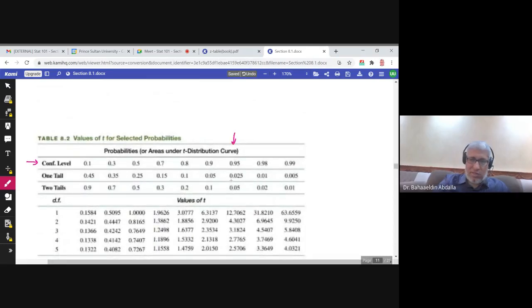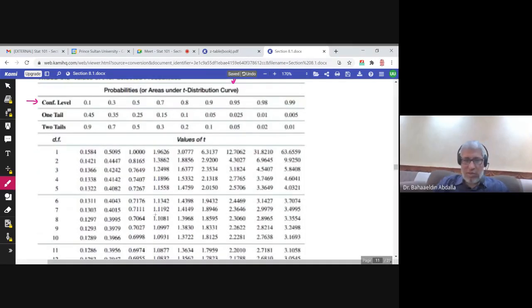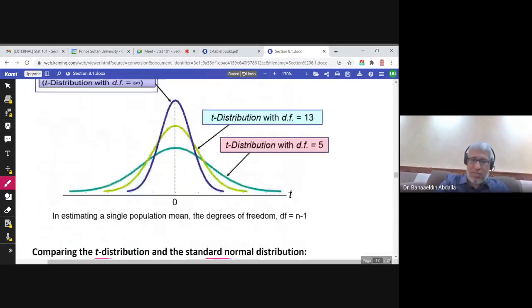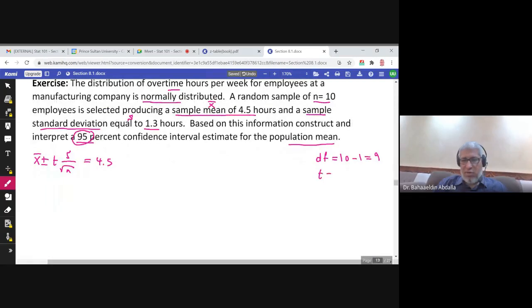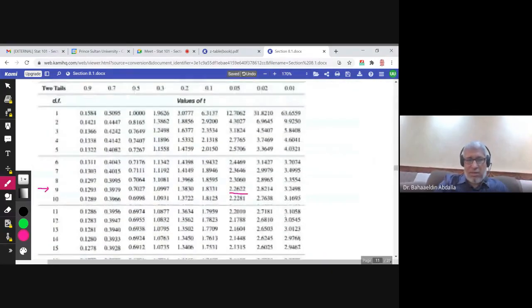We look in this row, in this column, and 9 is the degree of freedom, so the number is 2.2622. This is the t value. The t value is 2.2622, isn't it?